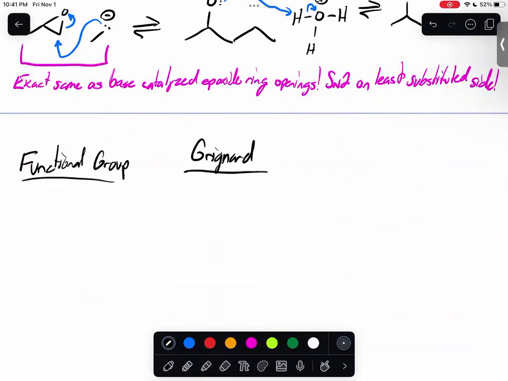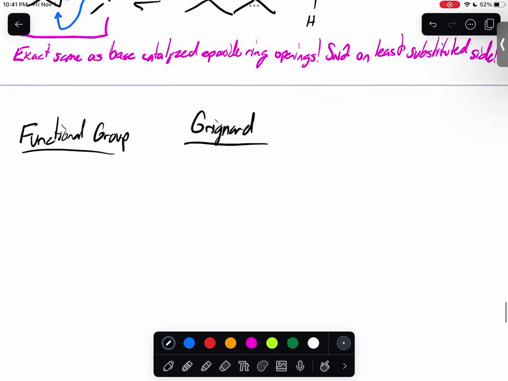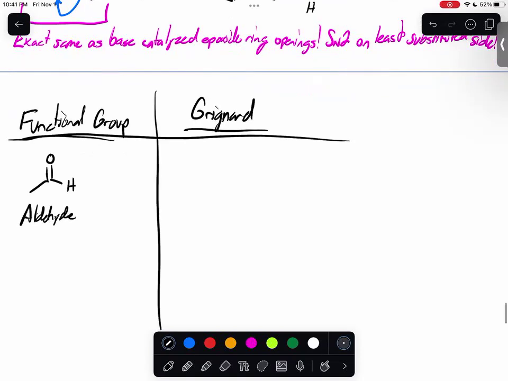Well, in the case of things like aldehydes, we are going to end up seeing the full addition, right? We will essentially end up making the alcohol, and we'll also end up with some R group where we're going to assume in this case the R group is just an alkyl chain.